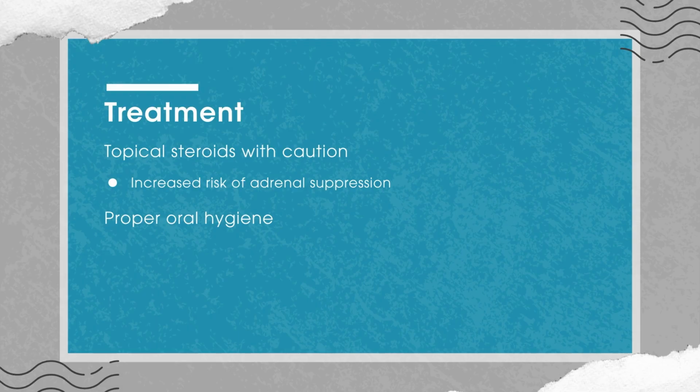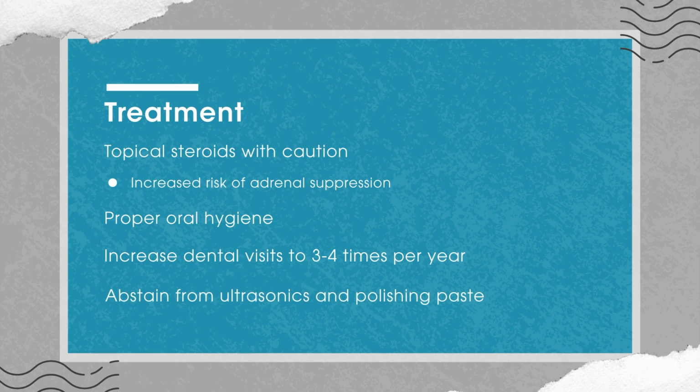Making those small changes, increasing their visits to 3 to 4 times a year, abstaining from the use of ultrasonics and polishing paste will make a remarkable difference in how well we can manage this patient's disease.